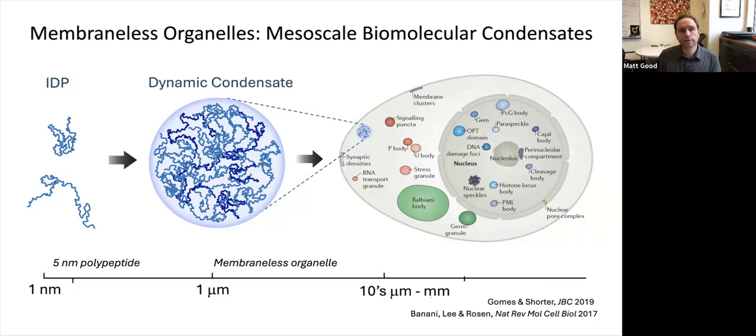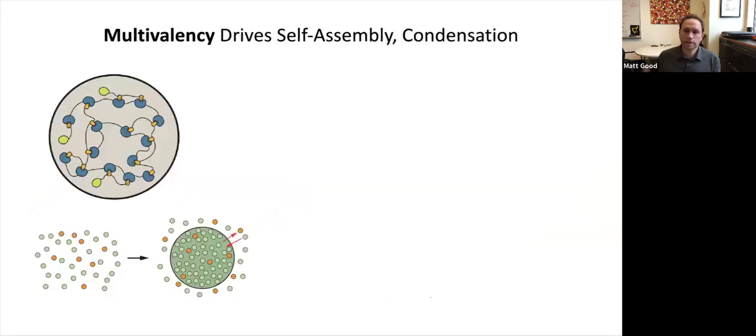And commonly the proteins shown on the left here contain large disordered regions. Commonly, proteins that facilitate these assemblies contain large disordered regions to create multivalent interactions and really drive this condensation. So the key here is just multivalency.